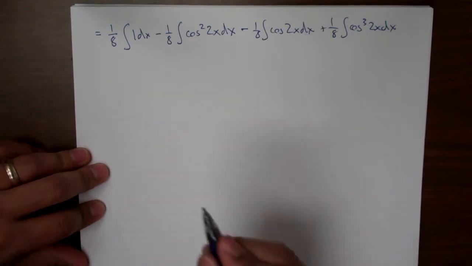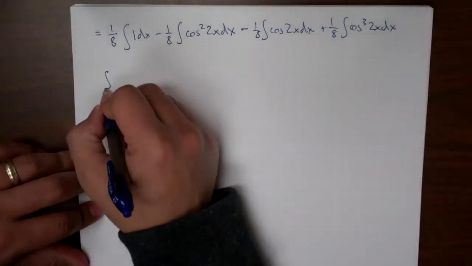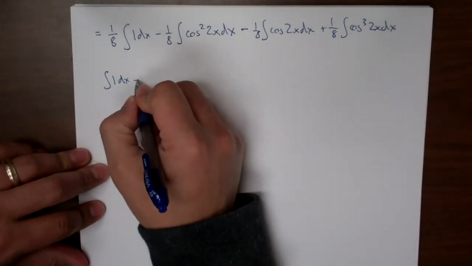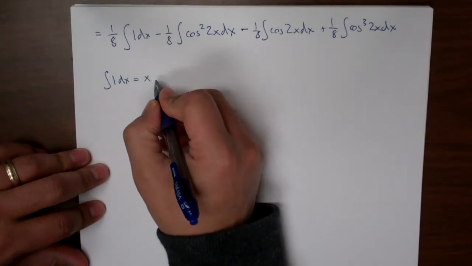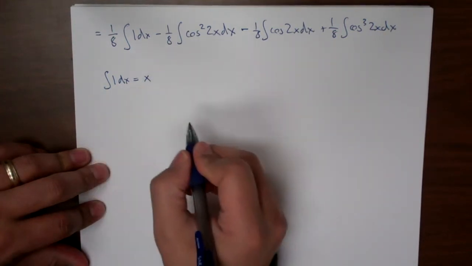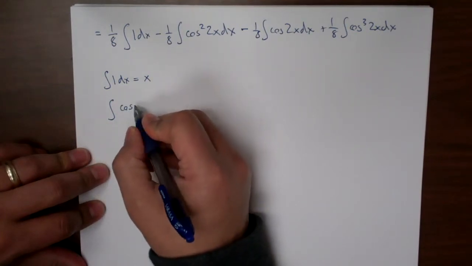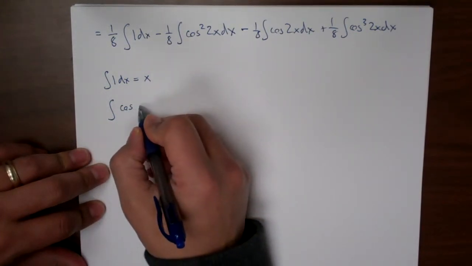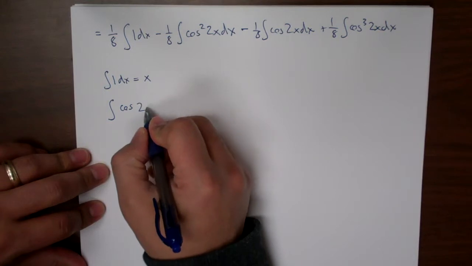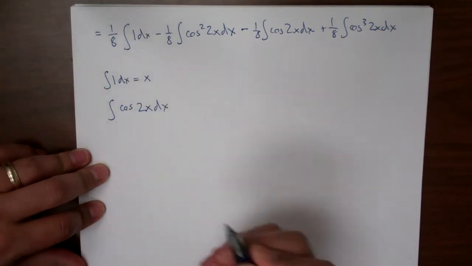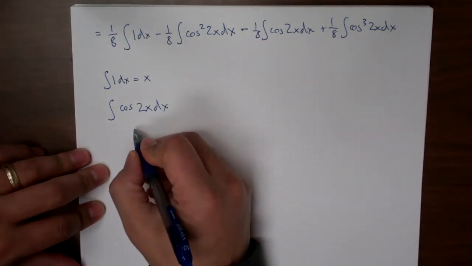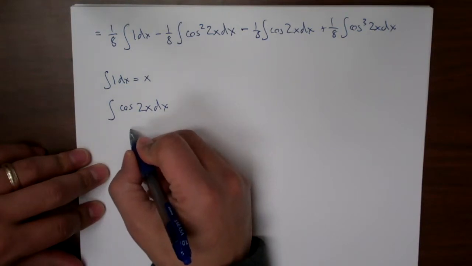We're going to look at each piece separately. First off, the integral of 1 dx is x plus c. I'll ignore the plus c's for the moment. Let's do the integral of the cosine of 2x, since that's easy. We'll just do u equals 2x.